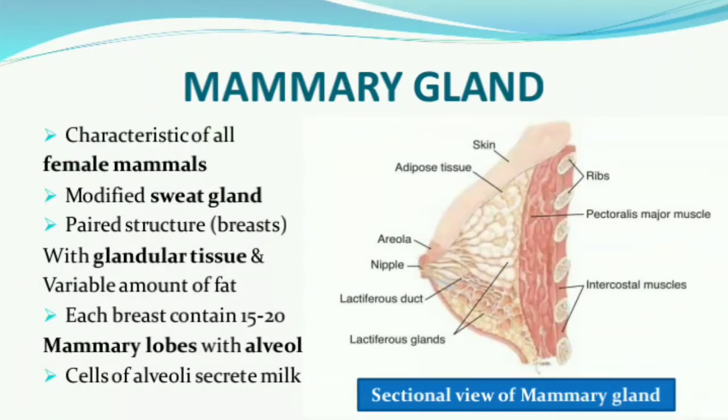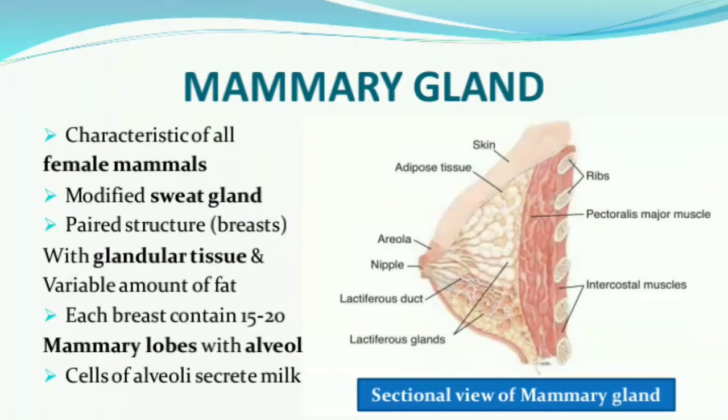Now, mammary glands are actually modified sweat glands and they are underdeveloped until puberty. In male, they are in rudimentary form. At puberty in females, they begin to develop under the influence of two hormones, and those hormones are estrogen and progesterone.